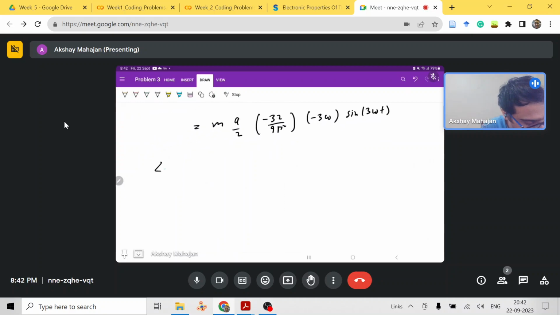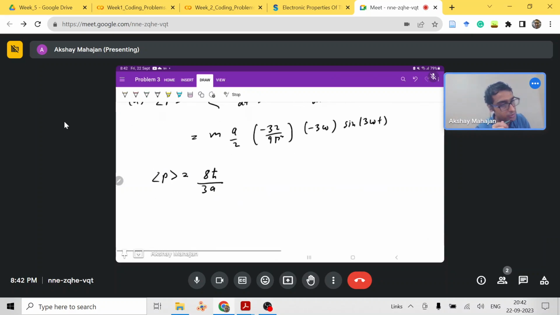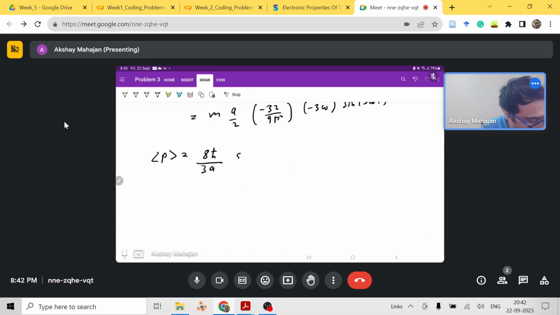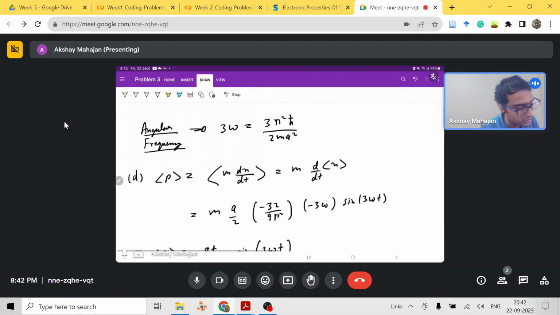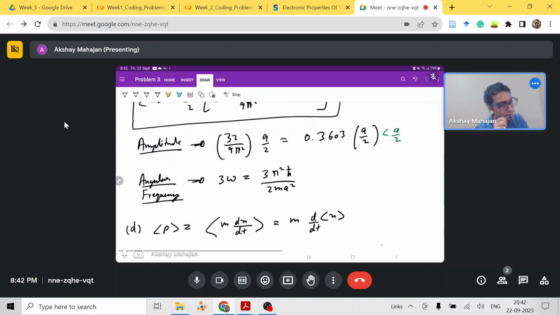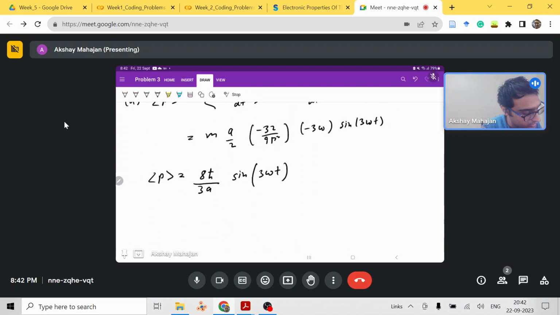So our expectation value of momentum will come as 8 h cross upon 3a times sine of 3 omega t. This is just a calculation, where we put omega equal to pi square h cross upon 2 m a square. Then you can just do the manipulation, and this is what you will get.